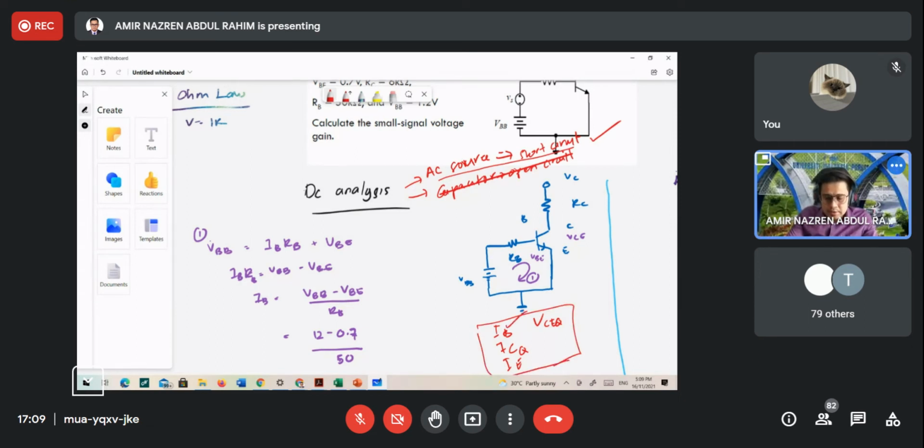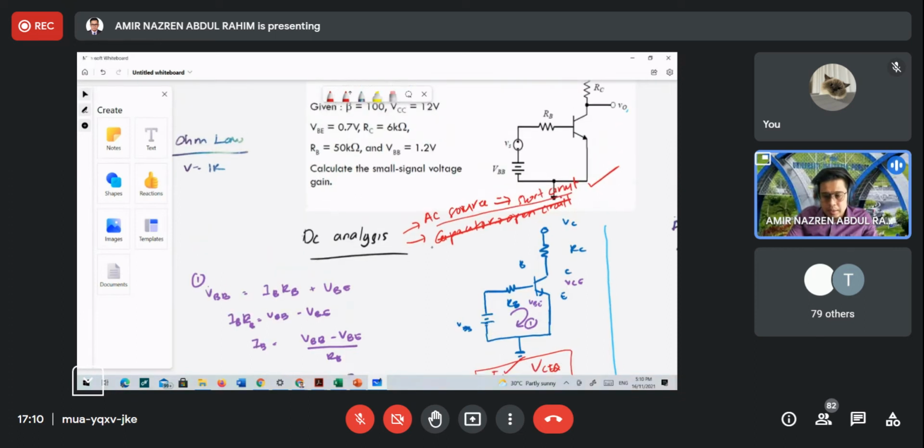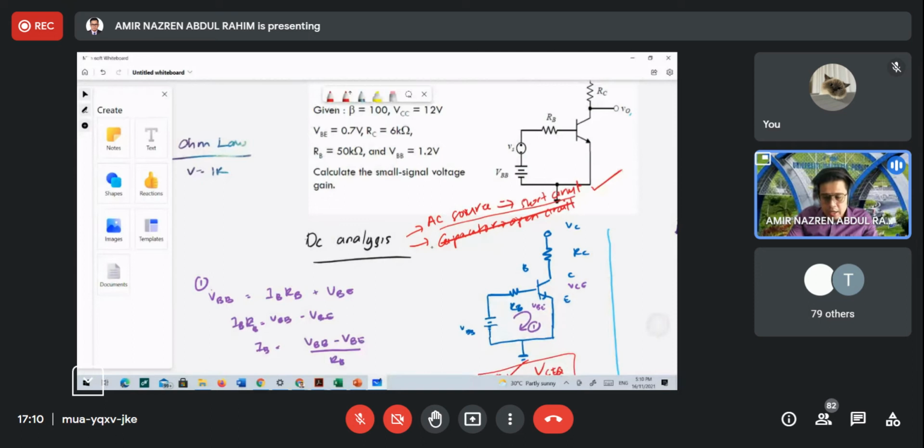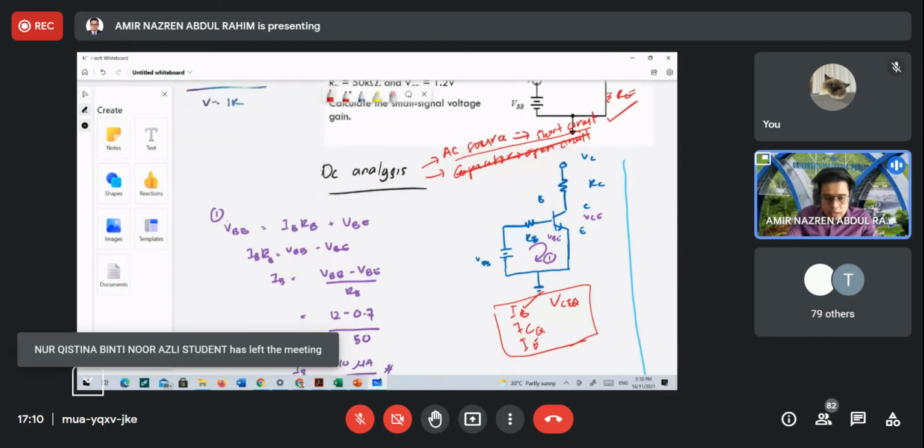For the base, we need to do a loop. But here, fortunately, we have no RE, no resistance on the emitter. So it's easier to make a loop to find the value of IB.